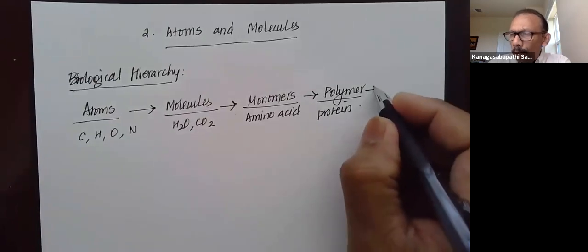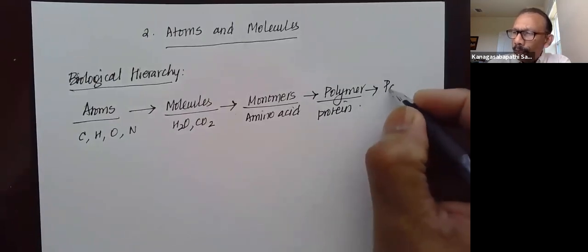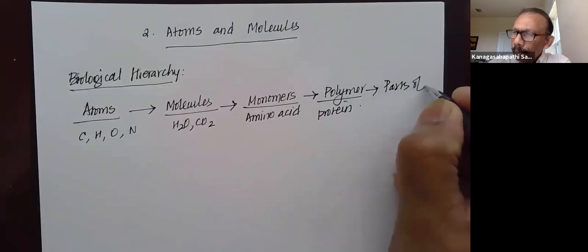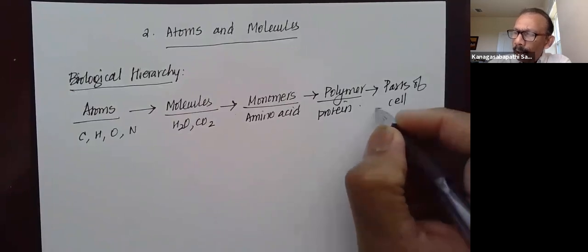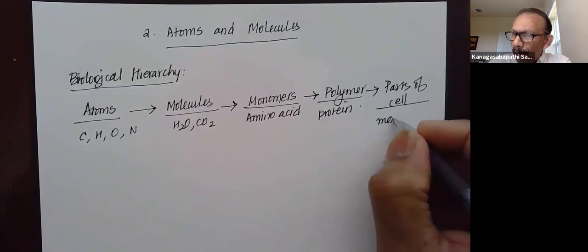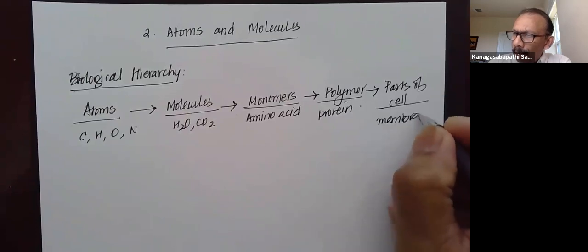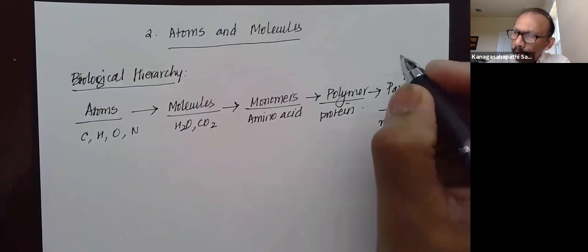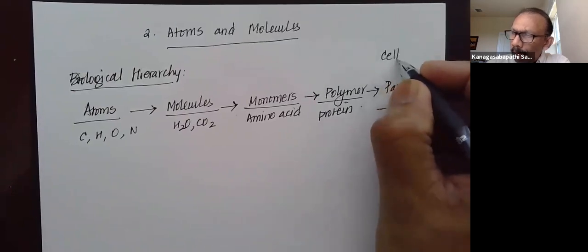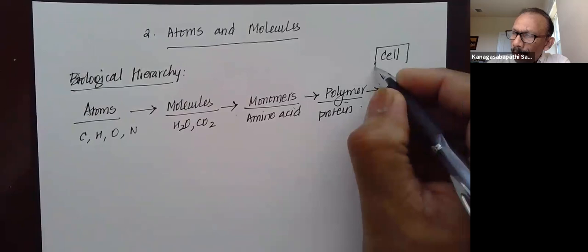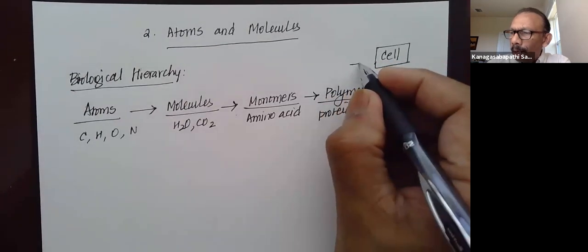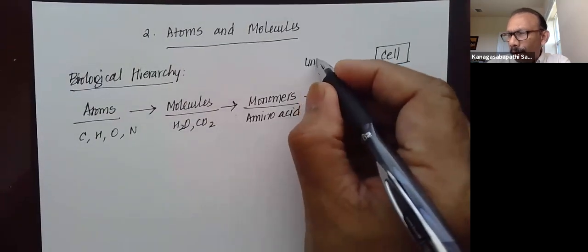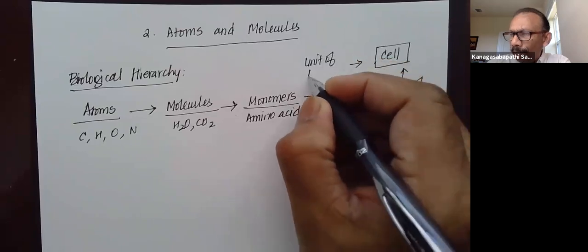And that would make parts of a cell. And this can be like a membrane. And so that is what is going to make a living cell. This is where the life is formed. This is what is called a unit of life.